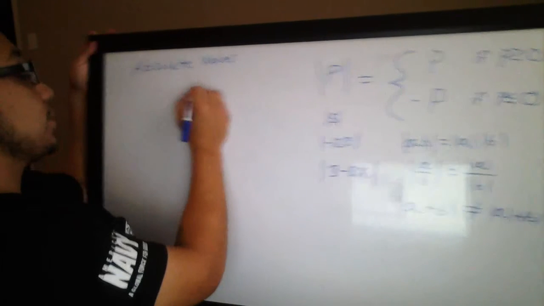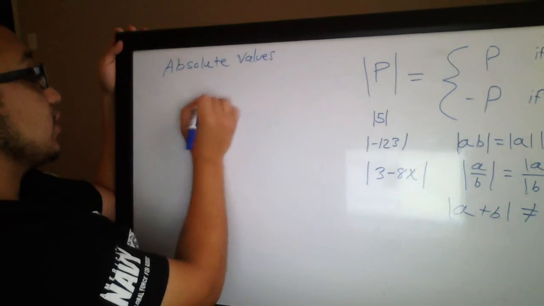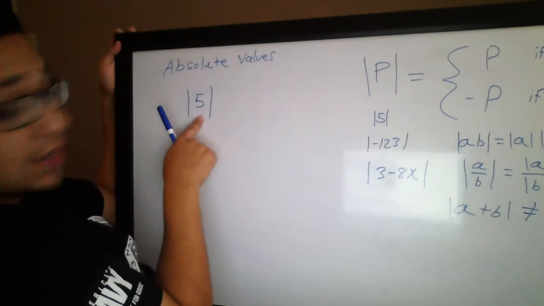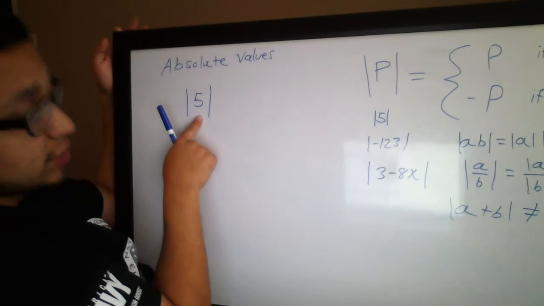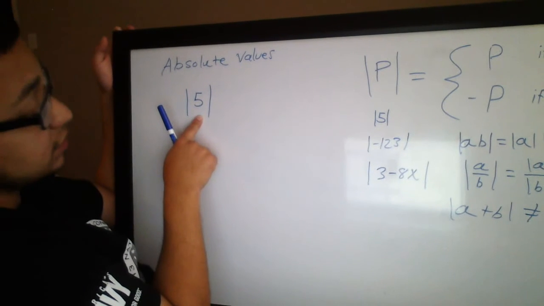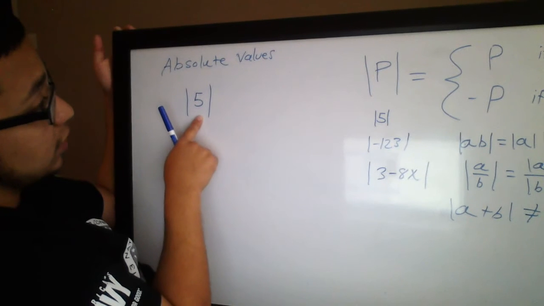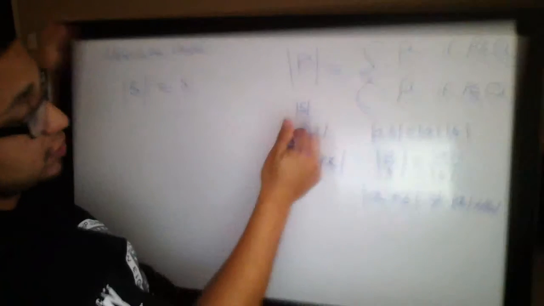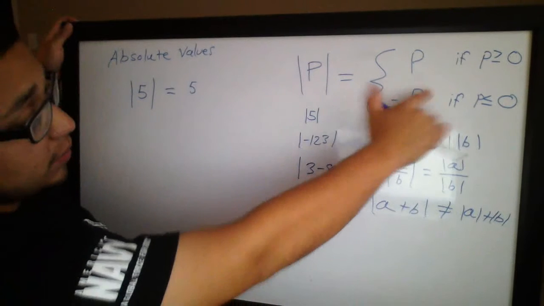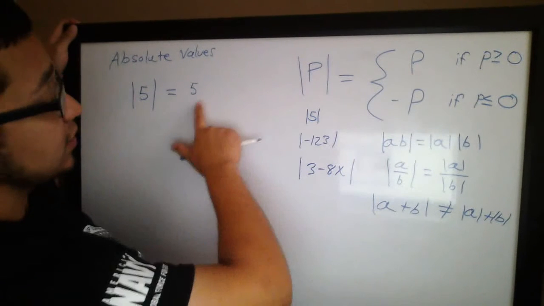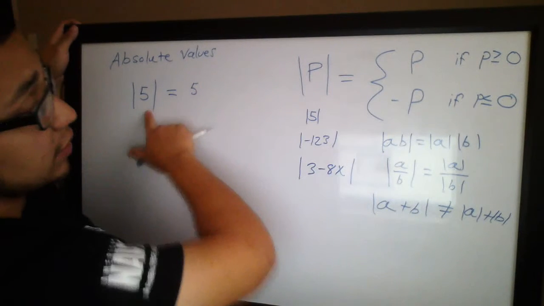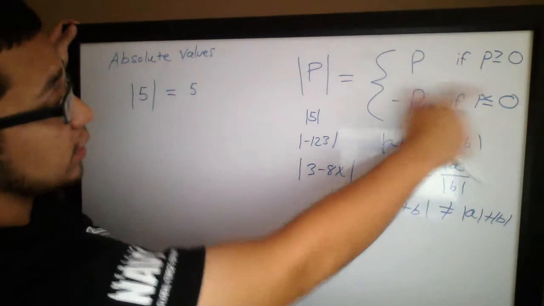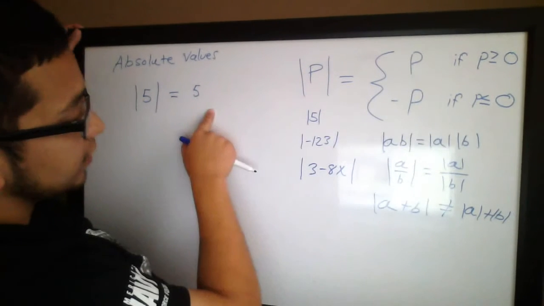Well, for example, if we had an absolute value of 5, now 5 is greater than 0. So therefore, it's just going to be 5, which is what we have here. P, in our case, is this 5 here. And if 5 is greater than 0, then we just write the answer 5.